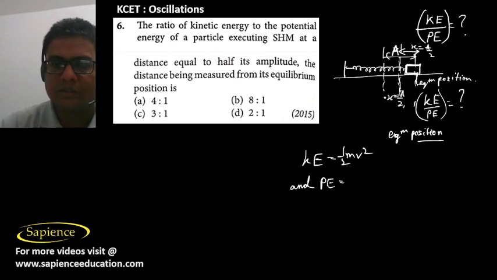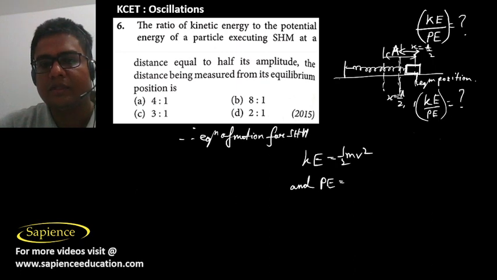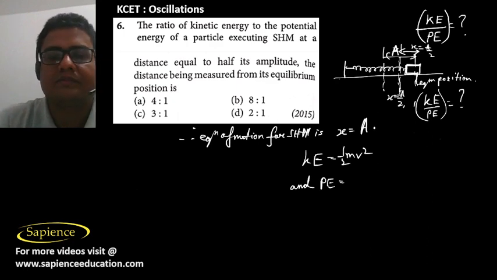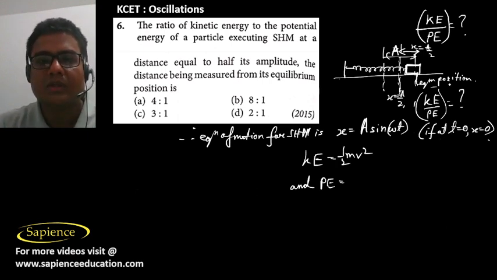Now here we know that the equation of motion for the SHM is given as x equal to A sine omega t, if initially it was in the equilibrium position, if we assume that at t equal to 0, x was equal to 0 only.